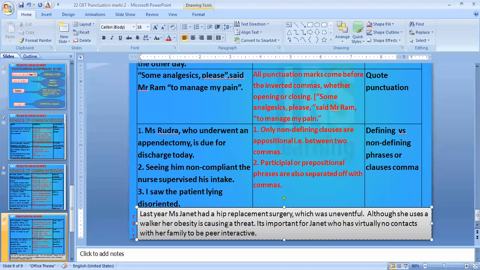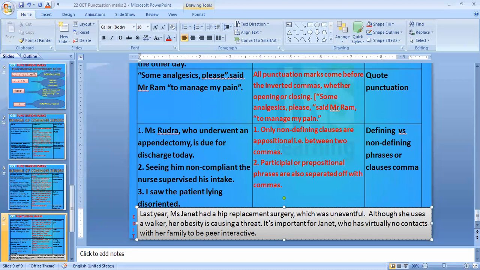Although she uses a walker, so there should be a comma here. Her obesity is causing a threat. Okay. An apostrophe is missing here. Where? It's important for Janet. And before this who, you need a comma.